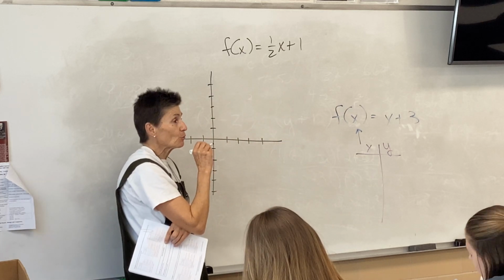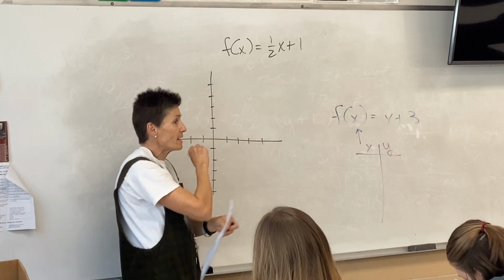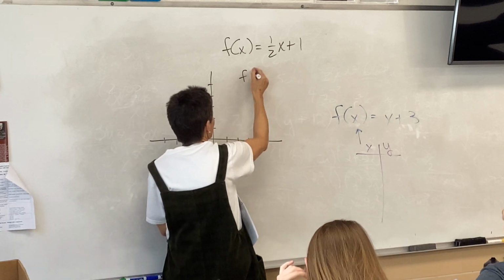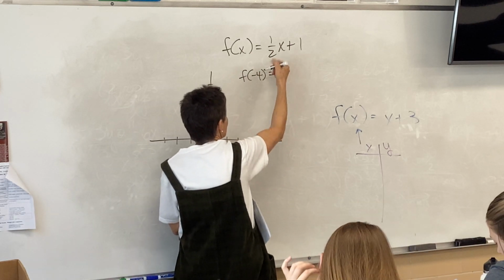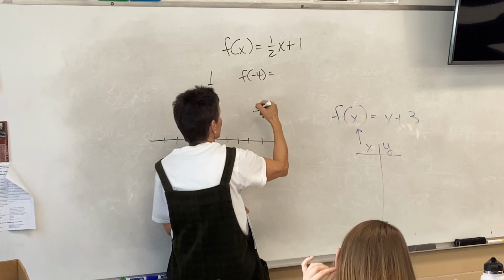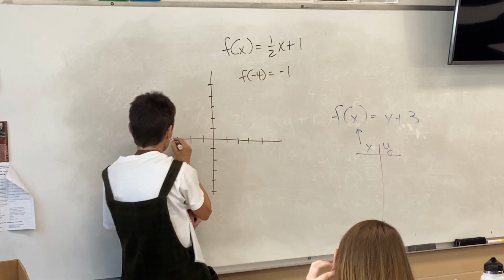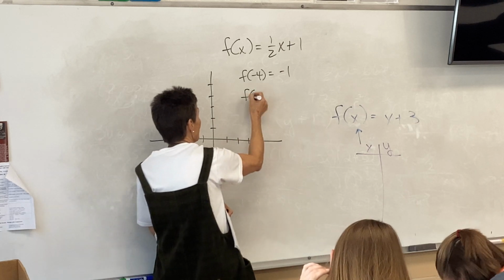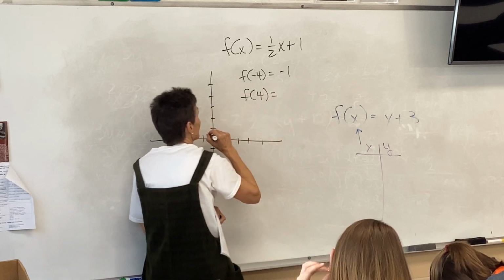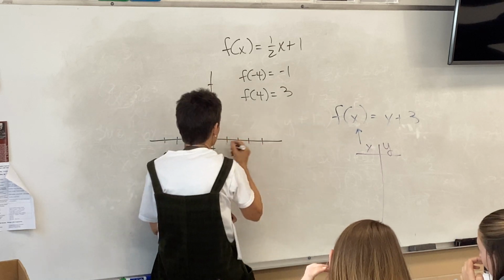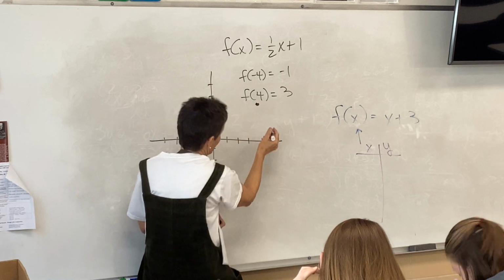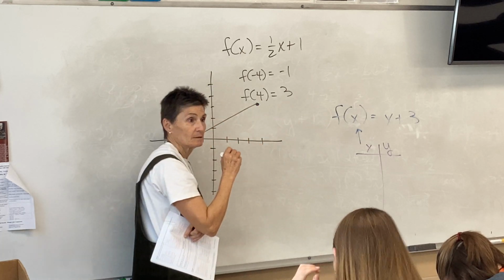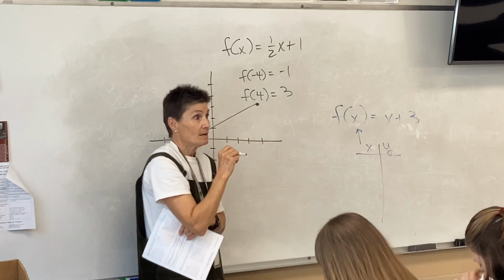And if you are to graph that over the domain from -4 to 4, okay, let's put in -4. What happens if we put in -4? We get -1. So let's plot that point. We're supposed to be sketching this. All right, what happens if we put in 4? Okay, let's plot that one. And then, can I just connect those like that? Oh yeah, I can.